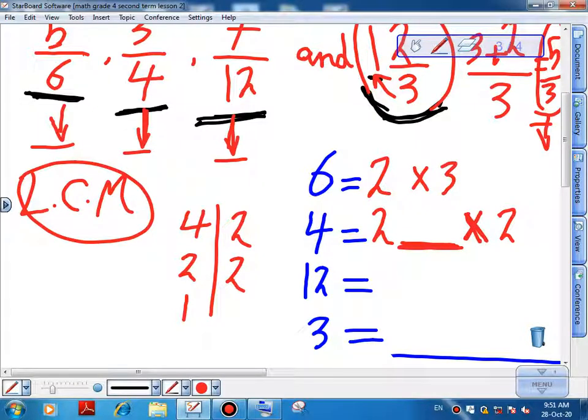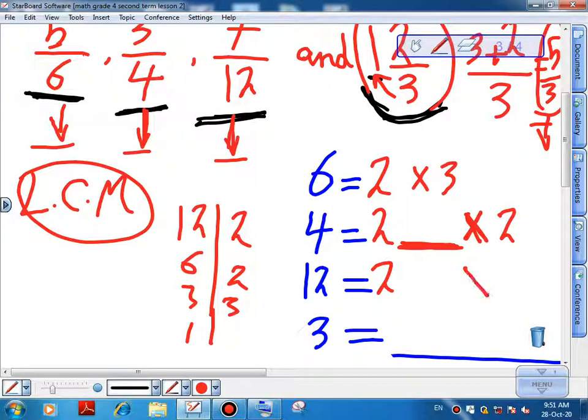And the next one, 12. 12 divided by 2 equal 6. 6 divided by 2 equal to 3. 3 divided by 3 equal to 1. It comes from 2 times 2 under 2 times 3 under 3.